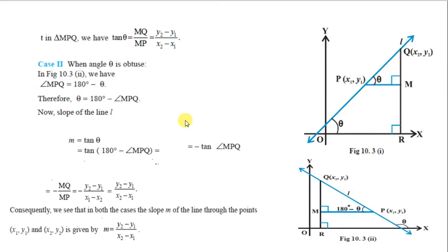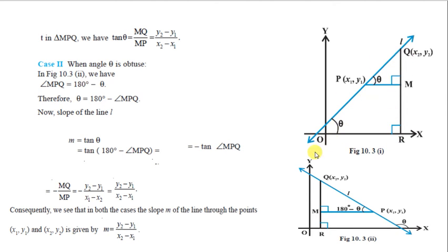Now, how do we find the slope of a line joining two points P(x1, y1) and Q(x2, y2)? For this, we draw a perpendicular from Q on the x-axis and PM perpendicular on QR.